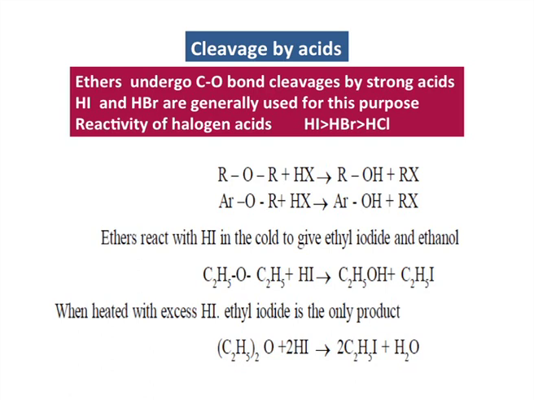Next, the cleavage by acids. Generally, ethers are chemically inert, but when reacted with strong acids like hydrogen iodide and hydrogen bromide, the ether linkage, meaning the C-O bond, gets cleaved in this reaction.